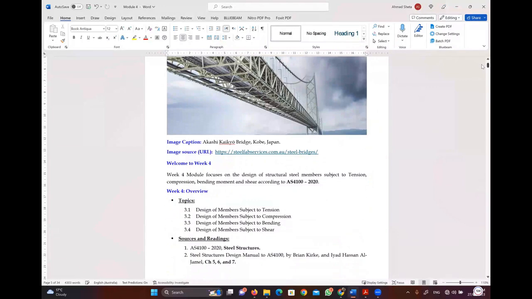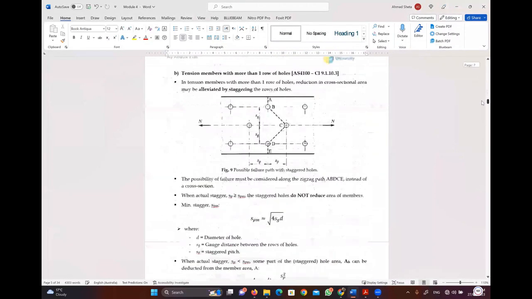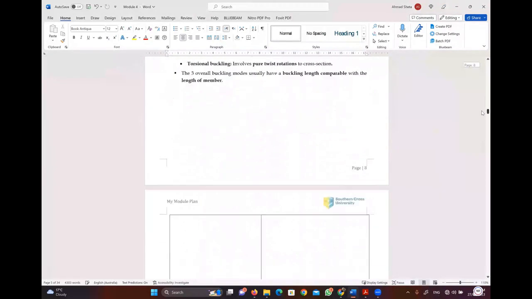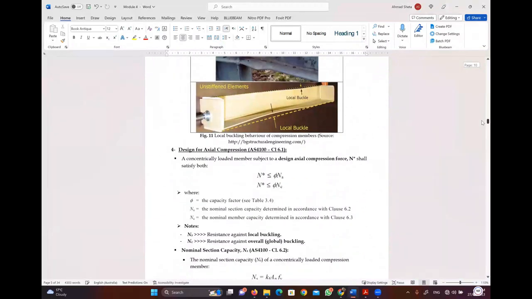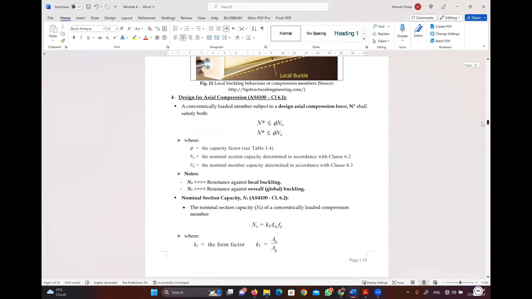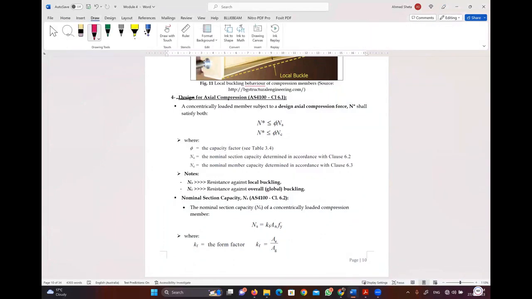So if we go to the compression member here, can you see the module now? Yes. So this is the equation for the design of axial compression.